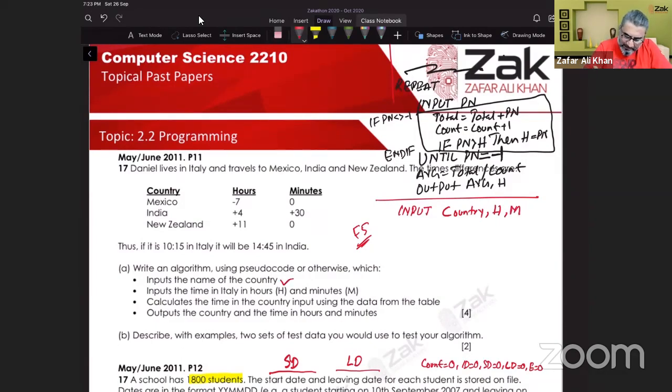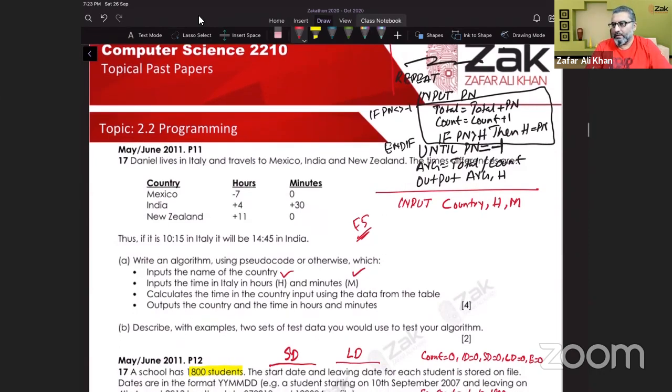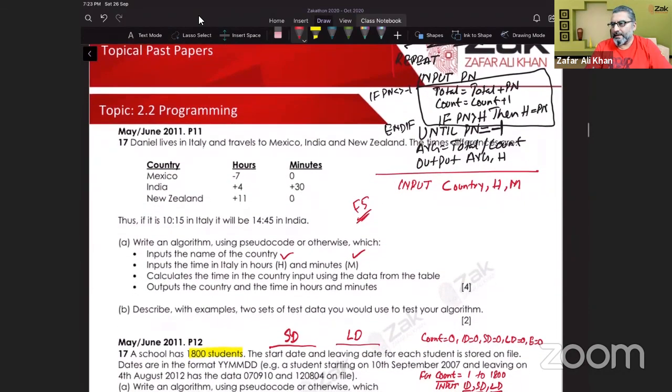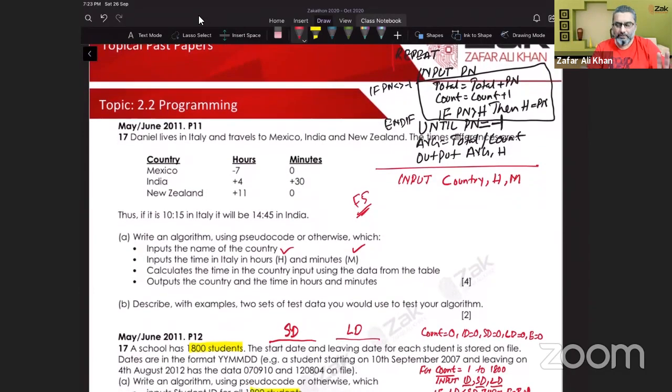When they have asked themselves, we have to use the same variable names. Input the time in Italy, okay? Calculate the time in the country.